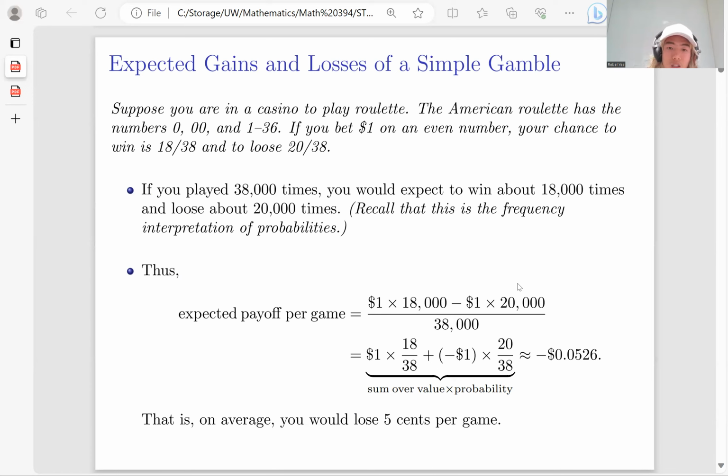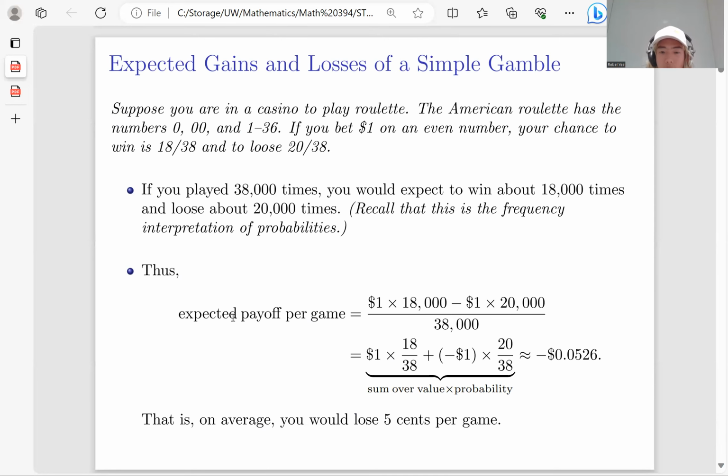So in this case, if you play 38,000 times, you are expected to win about 18,000 times and lose about 20,000 times. That is the expectation based on the probability. So the expected payoff per game: remember, you bet $1 on even, and that means you win $1 if an even number comes out, and you lose $1 if an odd number or 0 or 00 comes out.